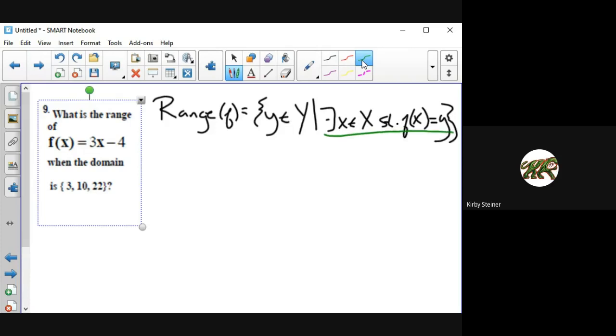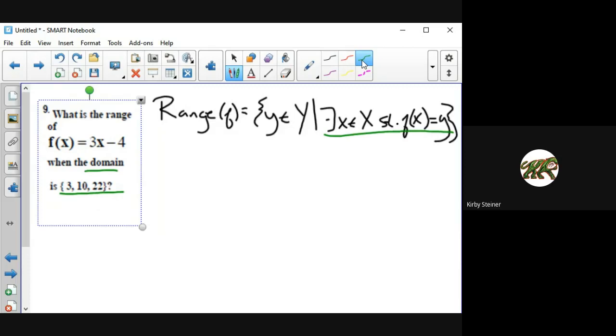There exists an x in X such that f of x equals y, and this corresponds to the domain being 3, 10, and 22. So that's what that notation represents.